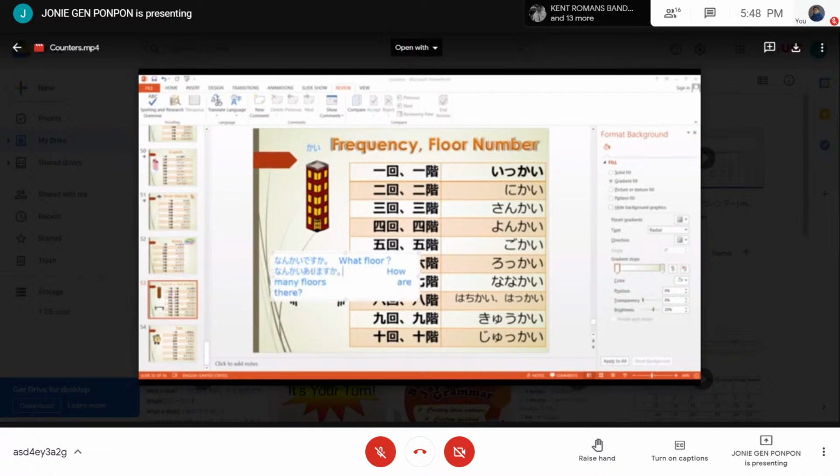Right? So that's how you ask how many floors there are. And if you want to say how many times, that's still nankai desu ka? How many times?